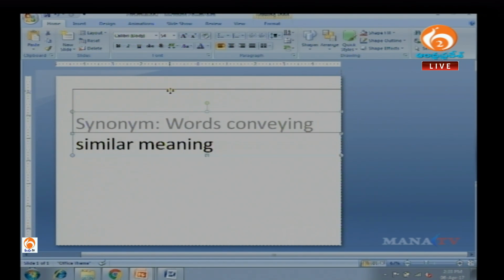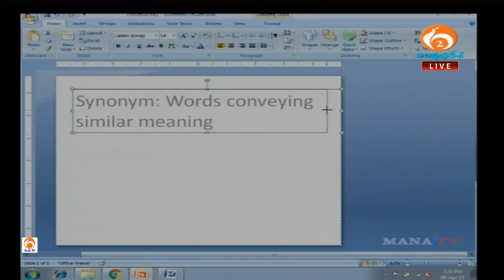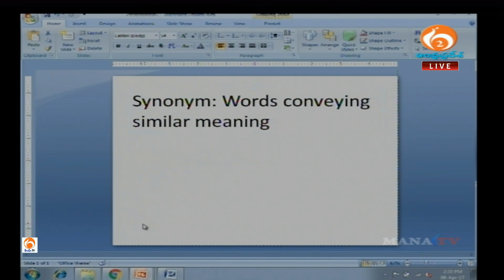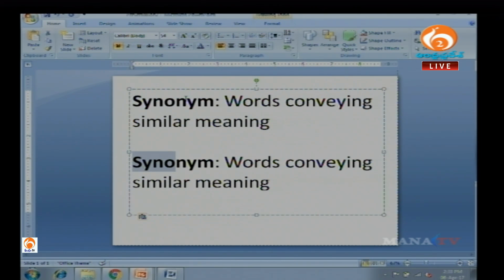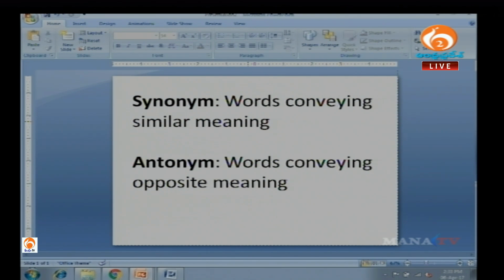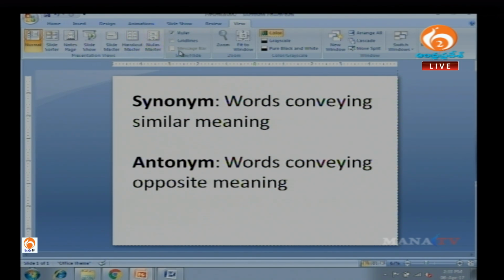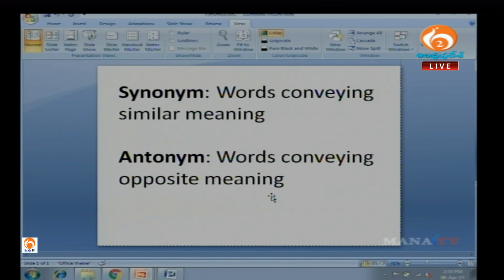That is what a synonym is all about. There is another part of it, the opposite of synonym is antonym. What do we mean by antonym? Words conveying opposite meaning. So synonym means similar meaning, antonym means opposite meaning.